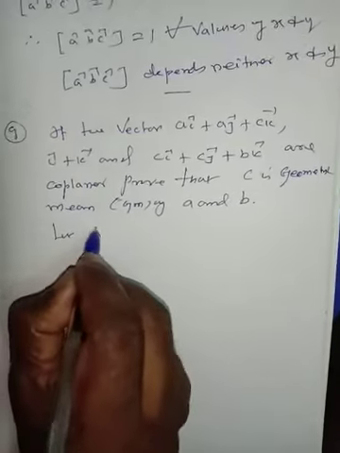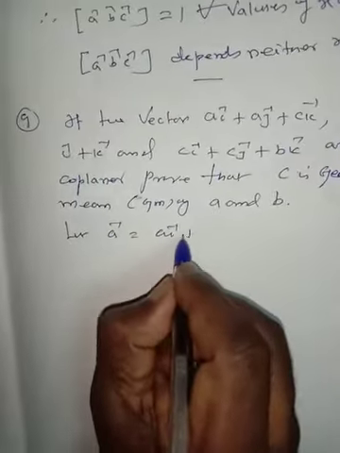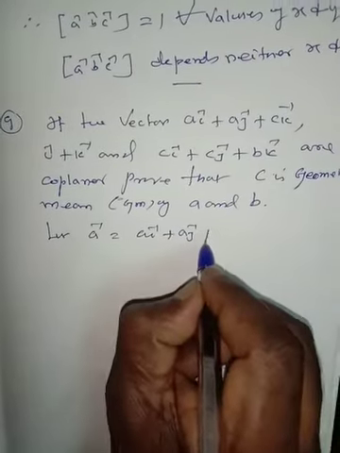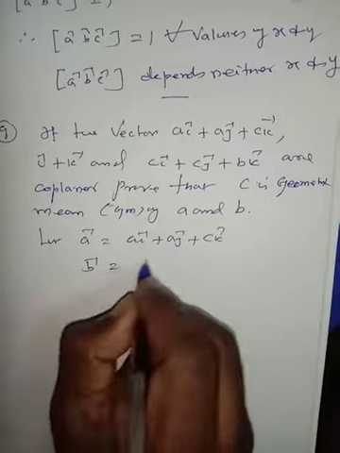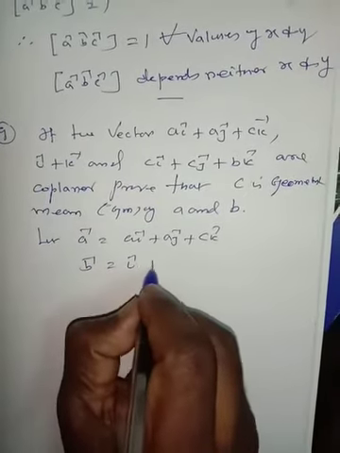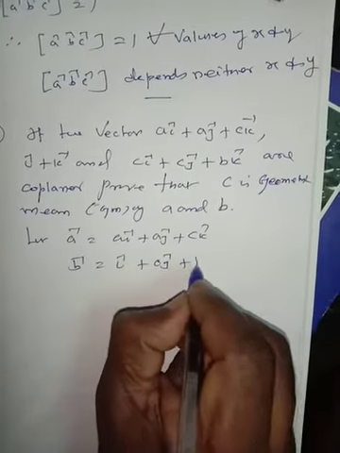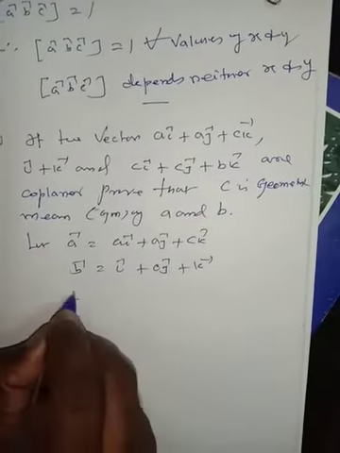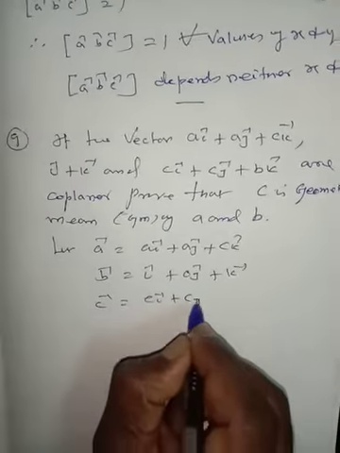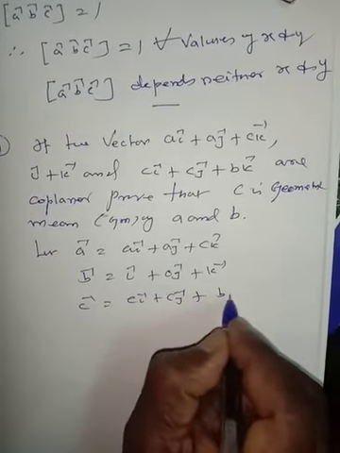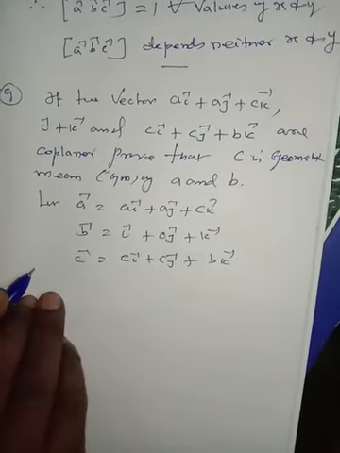A vector is equal to a i vector plus a j vector plus c k vector. B vector is equal to i vector plus 0 j vector plus k vector. C vector is equal to c i vector plus c j vector plus b k vector. Now the volume will be 0. Why?